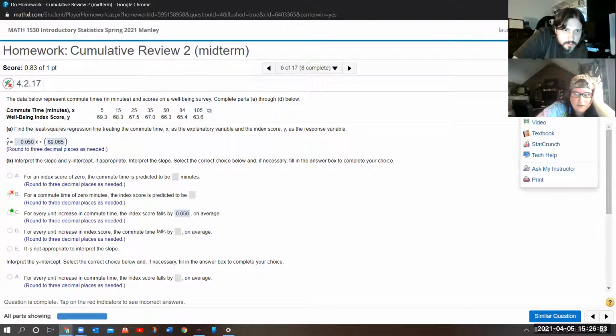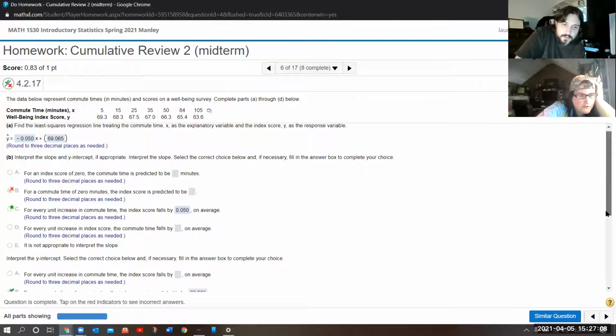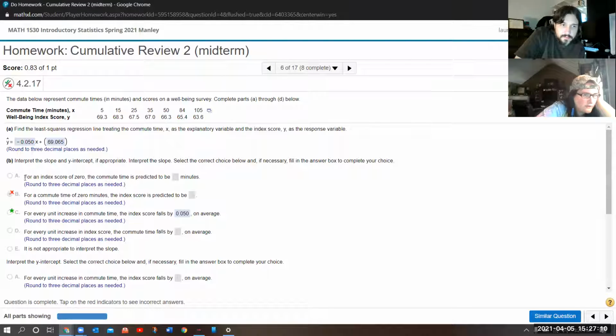I can do a. That's weird. It's not saying interpret the slope. For that first part under B, that's what it's asking for. It's asking you to interpret the slope. I mean, next to B, it says interpret the slope and y-intercept, but do you see how for the second part of part B, it says interpret the y-intercept, so select the correct choice below?